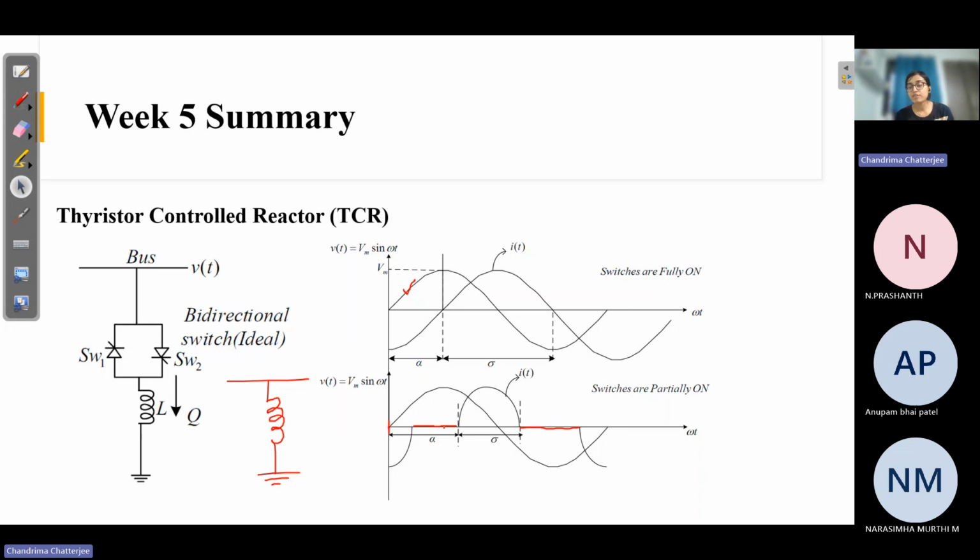You can vary this alpha. You may also prefer to start the current here. Based on that, the duration of conduction will change, and the current value will also change.